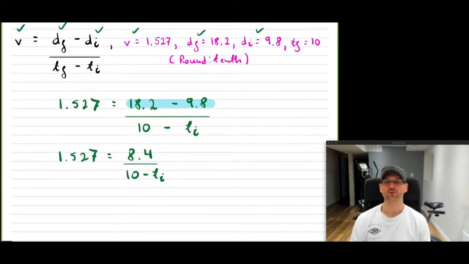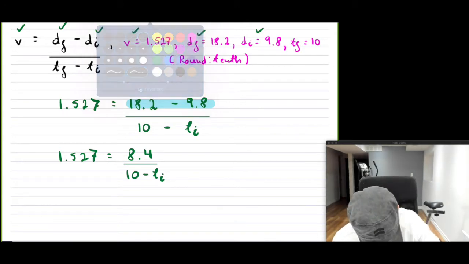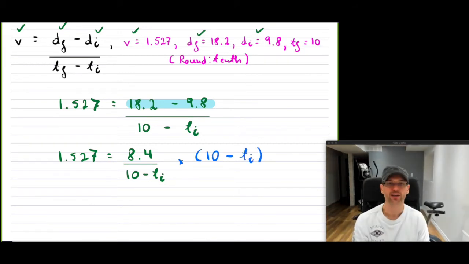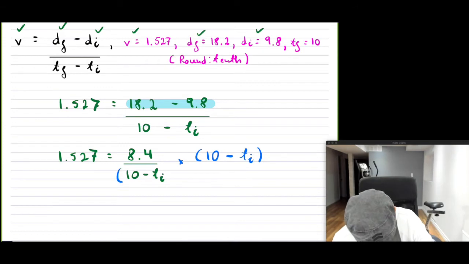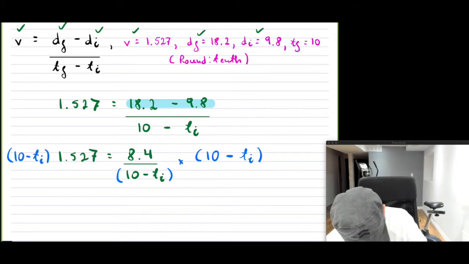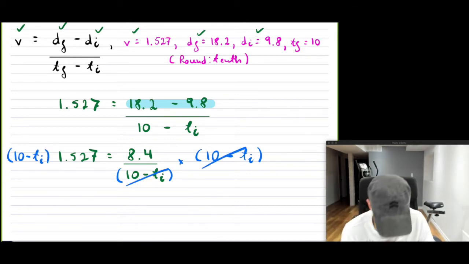Now, what do I do? I have my unknown in the denominator. So what I have to do is get rid of the denominator entirely. So you can't just multiply by TI. You have to multiply by this entire denominator, and you have to do that to both sides. So this is 10 minus TI. So this is now gone.